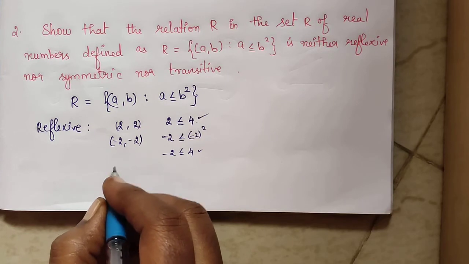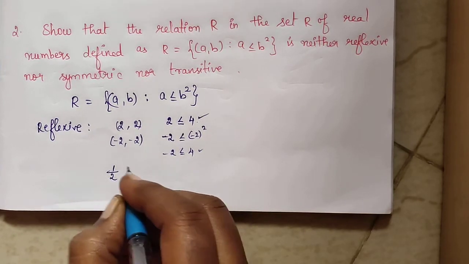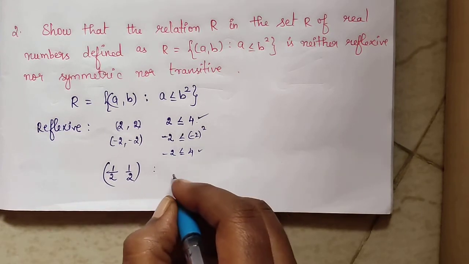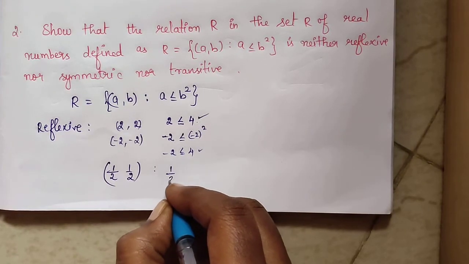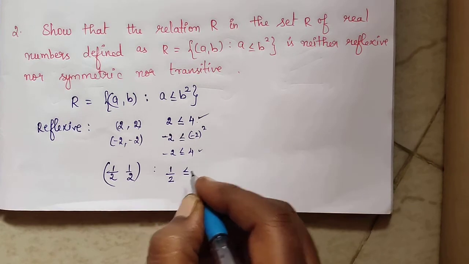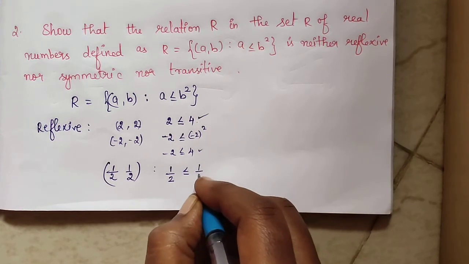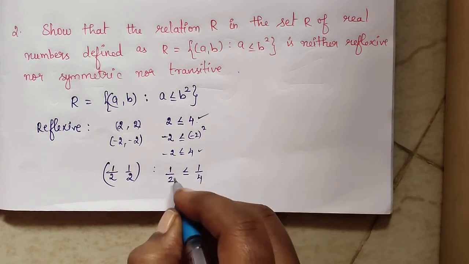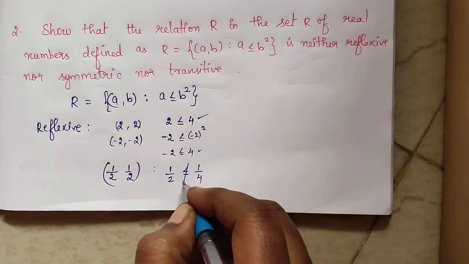Take any rational number. Let us take the number 1 by 2 and 1 by 2. Now see here, 1 by 2 less than or equal to 1 by 2 whole squared, which is 1 by 4. Here 1 by 2 is greater, so this is not true.